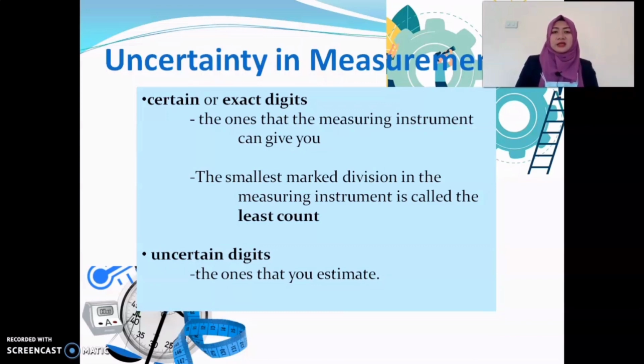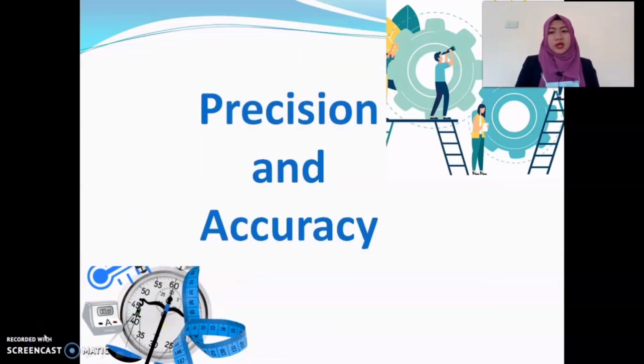On the other hand, uncertain digits are the ones that you just estimate. In doing an experiment or getting a measurement, it is very important that you have reliable measurements. One way to do that is to repeat the measurements several times.